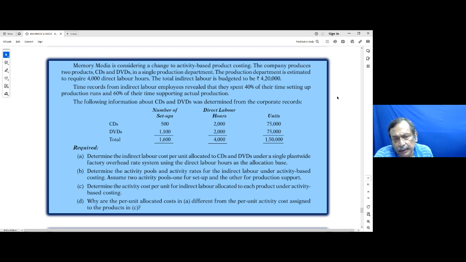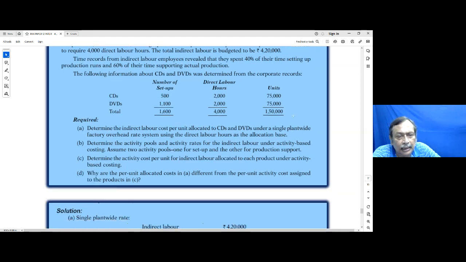What is the first question? The first question is to determine the indirect labor cost per unit allocated to CDs and DVDs under a single plant-wide factory overhead rate system using direct labor hours as the allocation base. So obviously it is volume related and has a single rate. Now let us come to the solution.